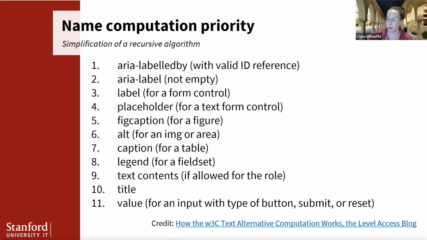So if it's an input field and you associated it with a label element, but you also gave it an aria-label, that trumps. So it sort of goes through in a recursive fashion and looks for all of the potential ways that it could be named and determines which one has priority. And then that is what will be conveyed to the accessibility API and then conveyed through assistive technology, such as a screen reader, to determine what is actually announced to users.